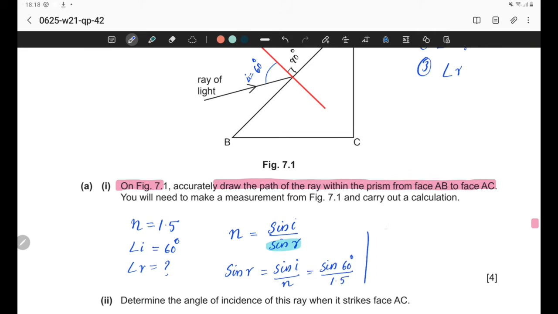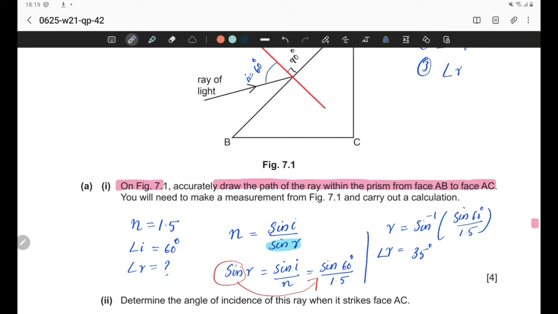In order to calculate R, we can take this sine to the right hand side, so the sine will become sine inverse. Hence we can keep R at the LHS of the equation. So R equals sine inverse of sine 60 degrees over 1.5. Using a calculator, we can find the answer, and it will be 35 degrees. So we have the angle of refraction, which is 35 degrees.